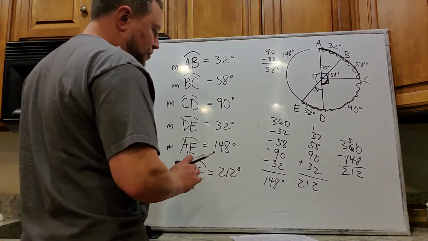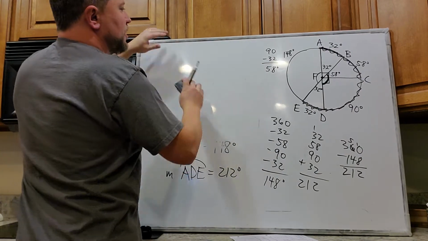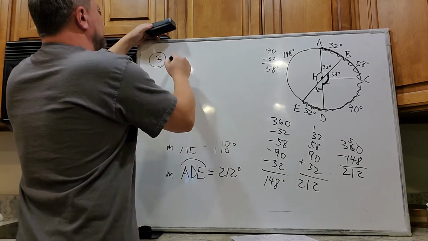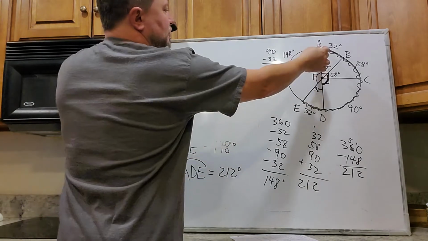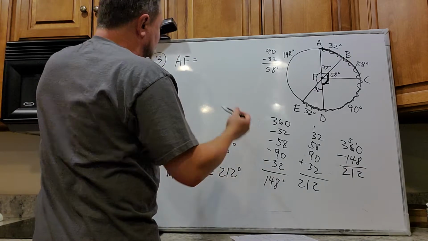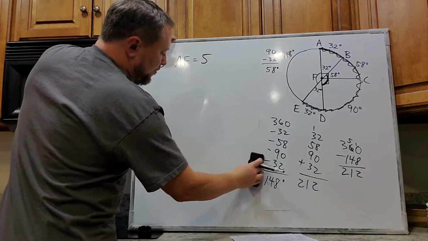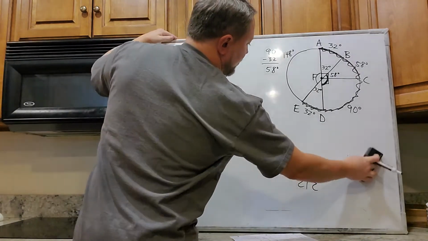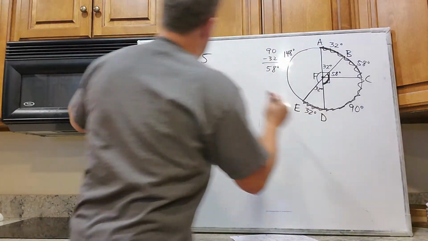Now, problem number 3 uses this same picture, and this time they mention that AF, that radius again, is 5. And on this problem, they want us to find the length, not measure, but length of arc AB.